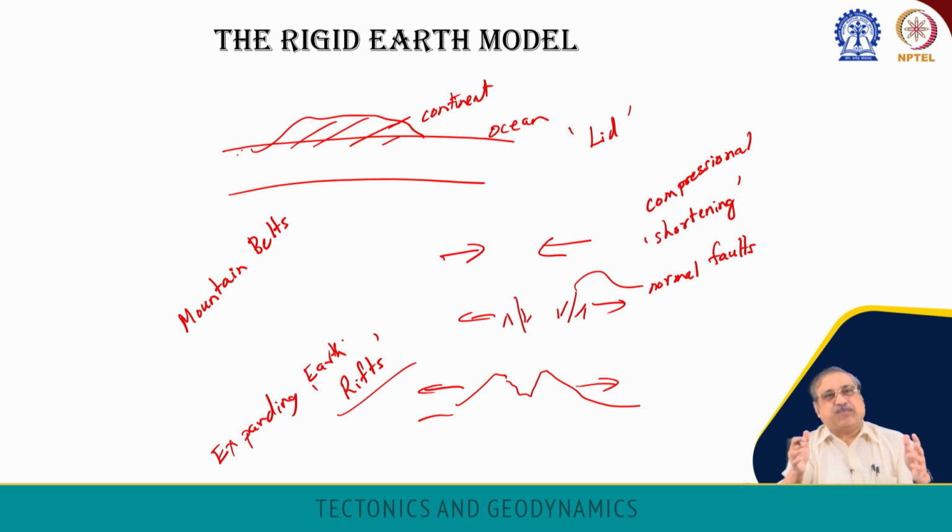The fact that it is expanding meant simply that the crust of the Earth is adjusting to the shrinkage or the expansion, as the case may be. You did not need to think of movement of the lid of the Earth with respect to its interior. It was simply the whole sphere of the Earth either growing larger or smaller. So, all the accommodation was simply on account of that. Now, this was the basis of the rigid Earth model.